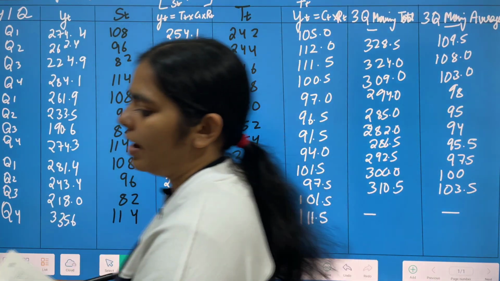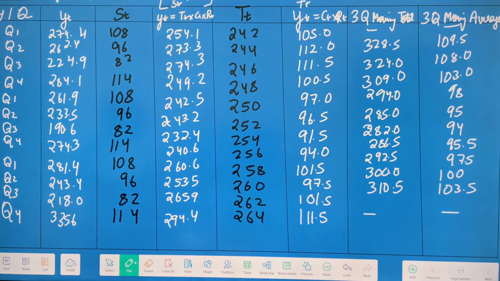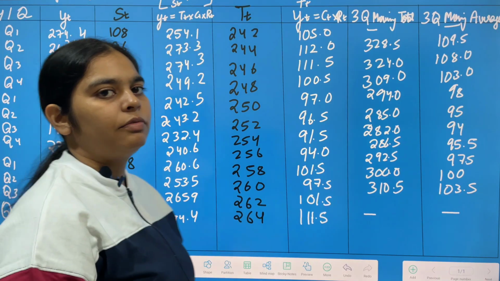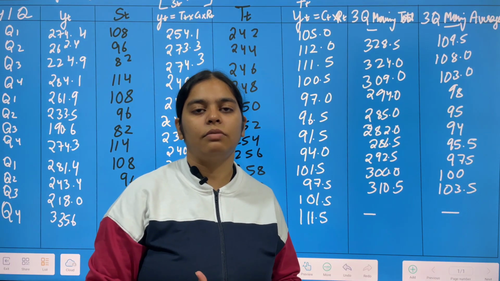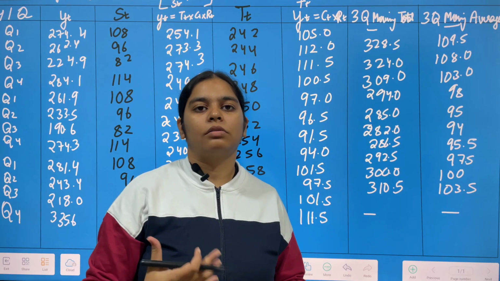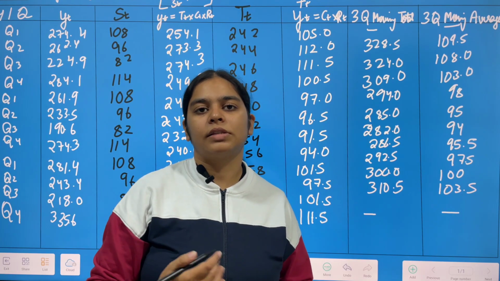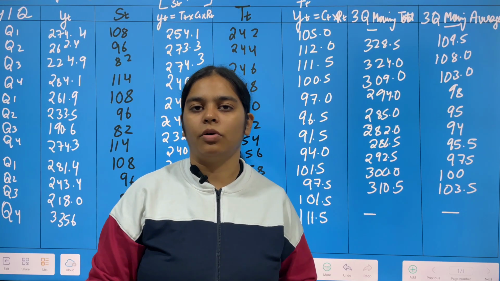So this would be our final answer, our final YT, where we got rid of the trend and seasonal components, and we are finally left with CT, which we call the cyclical component and random component.